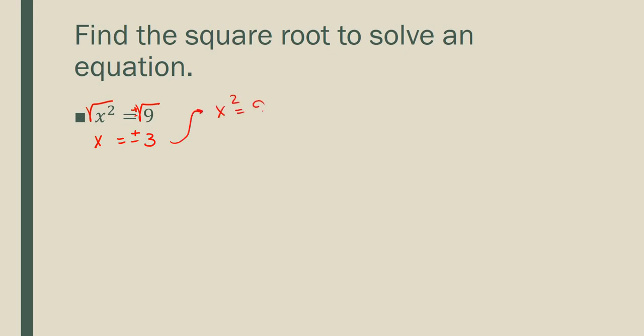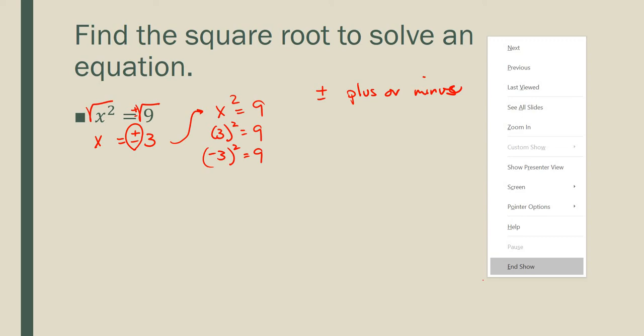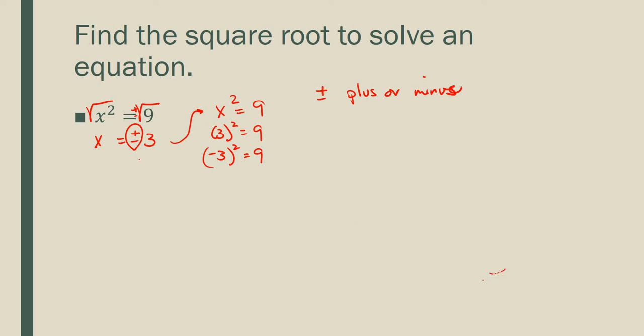In other words, if I plug in positive 3, I will get 9, or if I plug in negative 3, I will get 9. So this symbol, plus or minus, means that either sign, the positive or the negative, will work to give us a solution. So if x squared equals 9, x equals either plus 3 or minus 3.